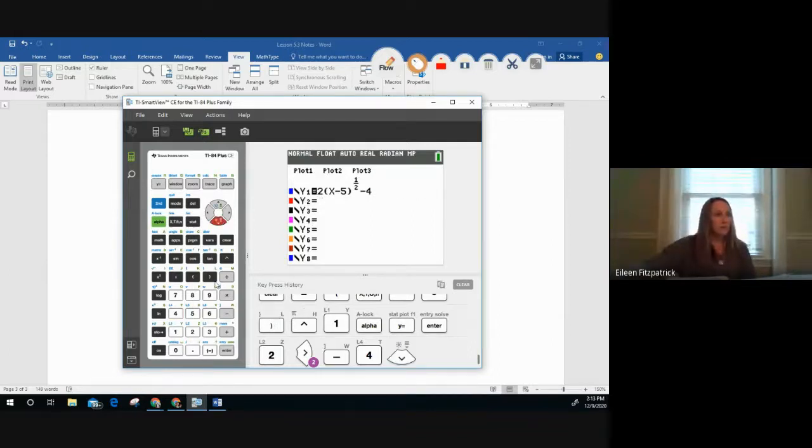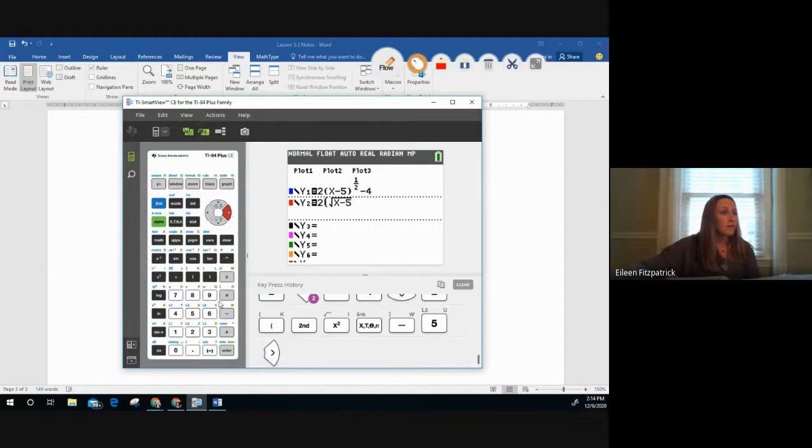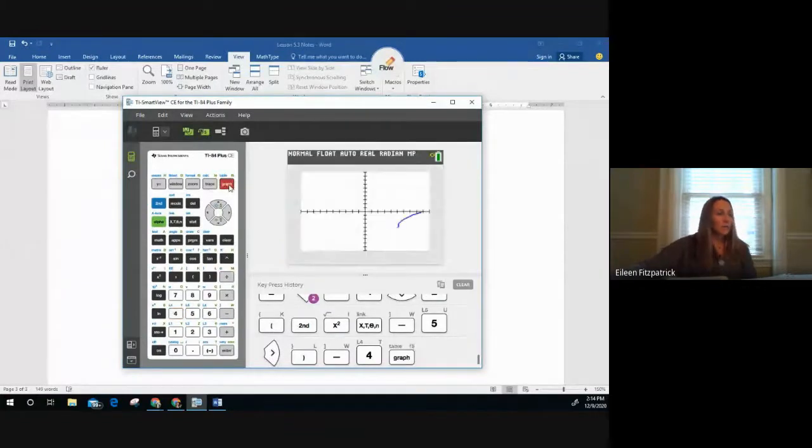Okay, so I could also type it in as 2, and then I'm going to have my square root of x minus 5 and then minus 4. I think I typed that in correctly. So let's graph it. You saw quickly it graphed the blue and then quickly it graphed the red right over the blue. It's because they're the same function.